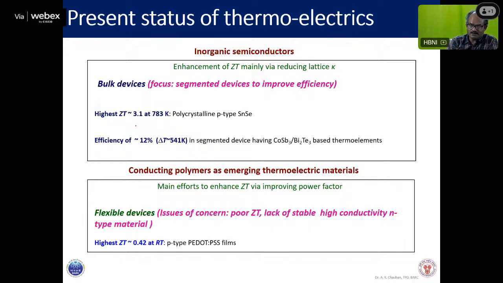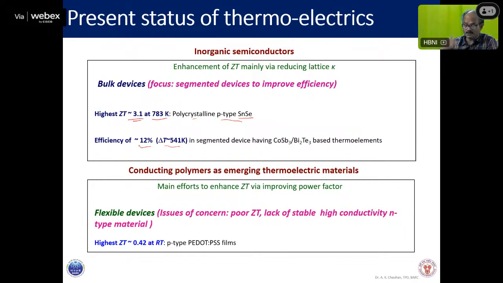The highest ZT value is approximately 3.1 at 783 Kelvin, and this is for polycrystalline P-type tin selenide, and efficiency is nearly 12%, at a temperature difference of 541 Kelvin, and this is in the segmented device.